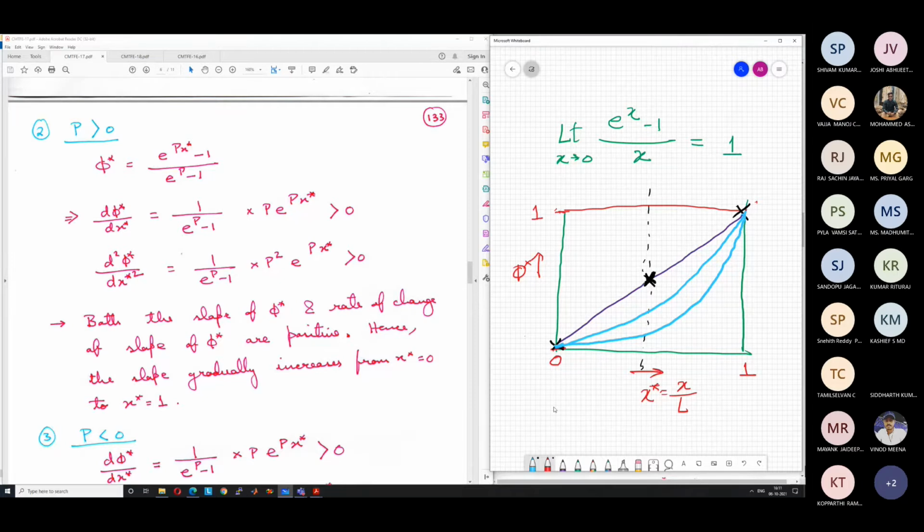We will discuss later that the higher the Peclet number, the more it will look like this. For even higher Peclet number, it will go like this. The slope will be positive and will keep on increasing with x. So this is what happens when the Peclet number is positive.